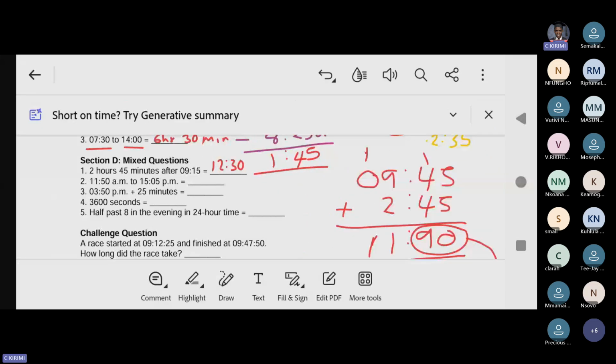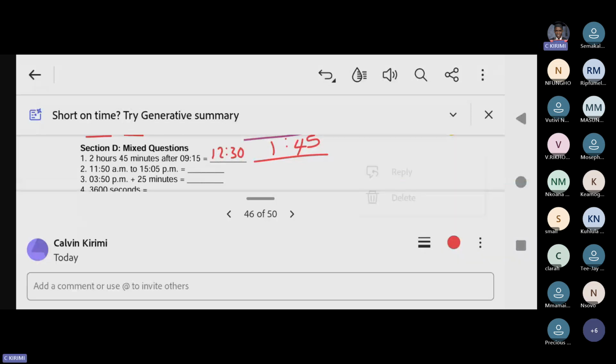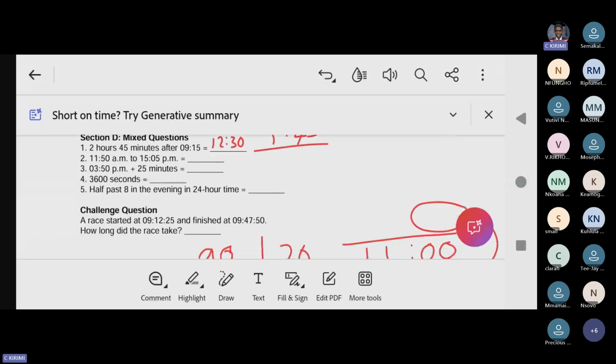Then the time which we want to calculate. So the mixed questions, which means from 11:50 a.m., 10 minutes to 12 before noon, until 15:05 p.m. So we are subtracting the time there. How many minutes? So let's calculate that as well.